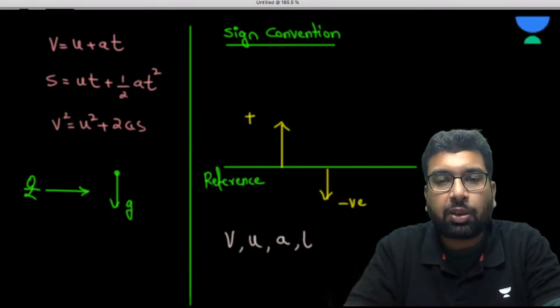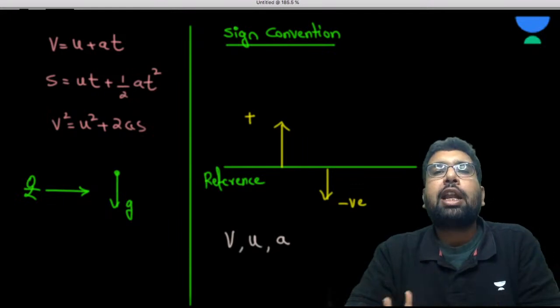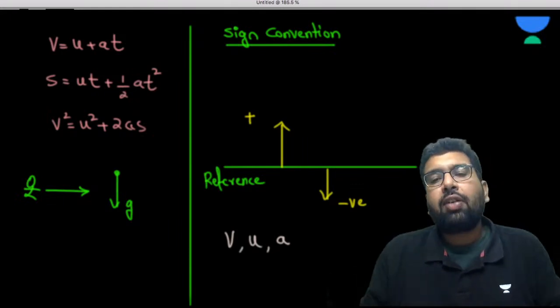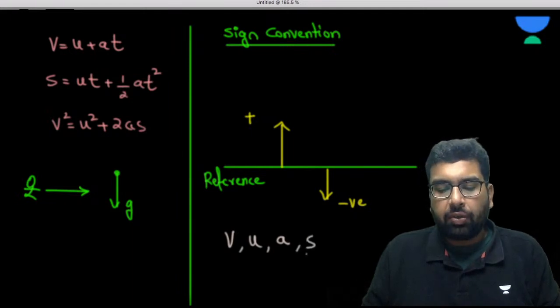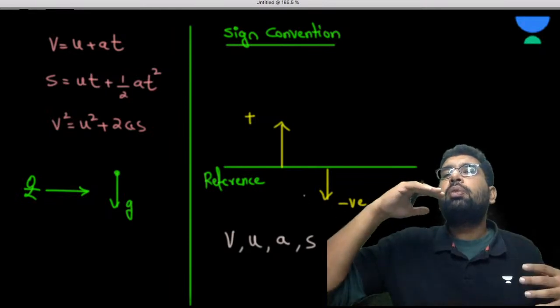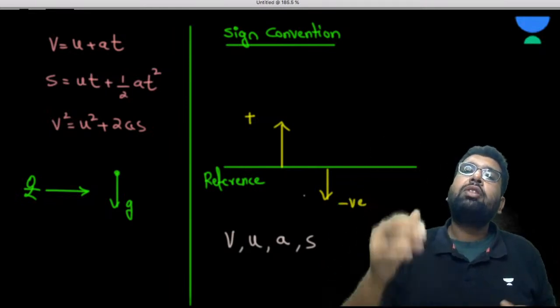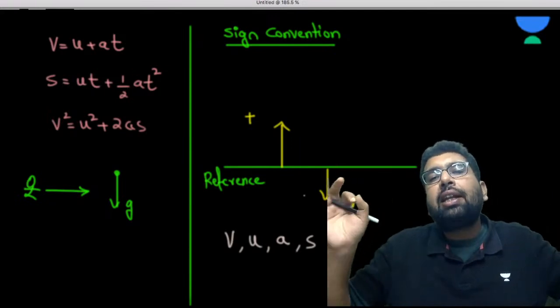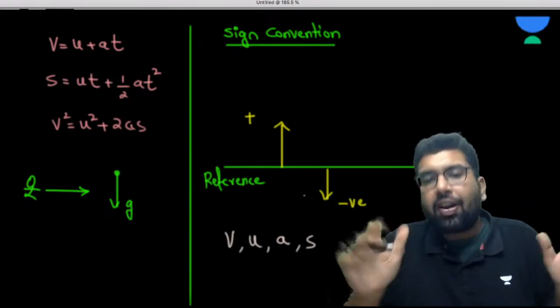Oh, t has no direction, sorry. T is a scalar, na? All the vectors v, u, a, s, we are going to take up this sign convention: from some reference, if it is in the upward direction, we'll take it as positive. If it is in the downward direction, we'll take it as negative. Is it fine to you?